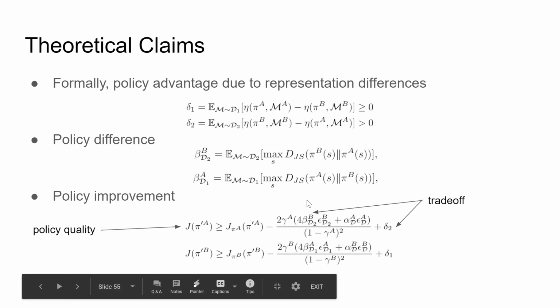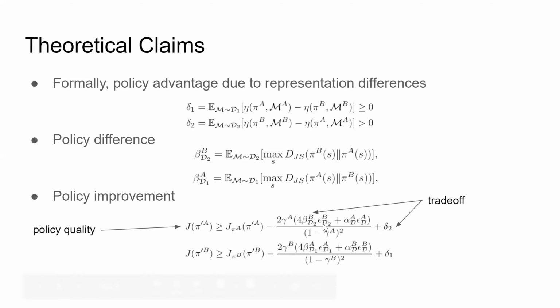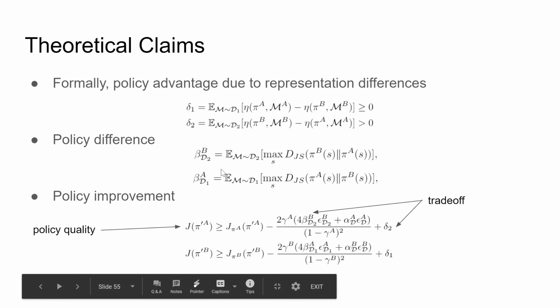If you look at the bound, the term involves a trade-off between the beta term and the delta term. Epsilon here is some fixed quantity associated with the policy, so it doesn't really matter in terms of the distribution of the problems. Beta here is the policy difference, and it's minus, so in order to maximize this term, I really want to minimize beta.